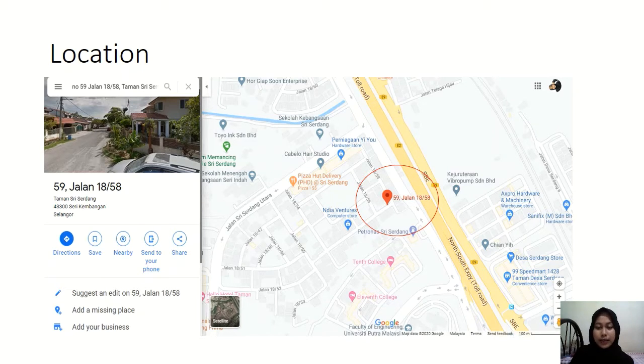So this is the selected location for this project. I have selected my house, which is in Taman Sri Serdang, Selangor. In this area, normally outside of the house the signal strength is strong, but in my room the signal strength is not quite good, and sometimes when I'm on the phone with my mom, suddenly it loses connection, like the drop calls happen, and it kind of annoyed me.